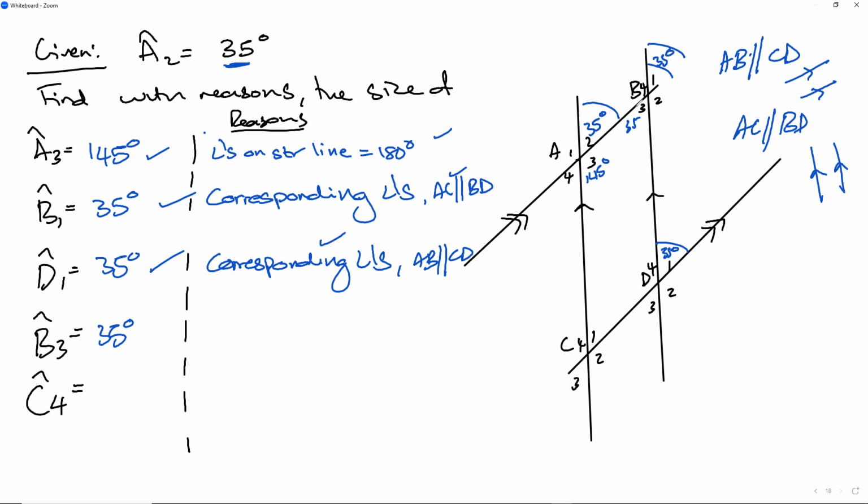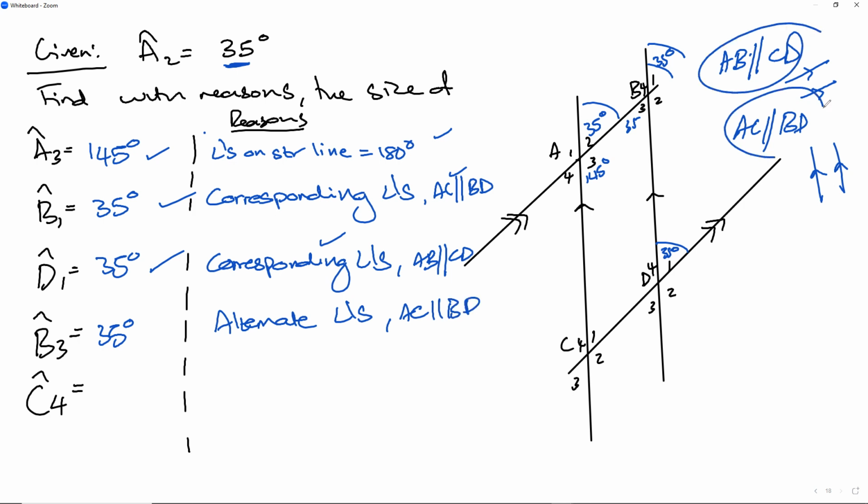The easiest one is vertically opposite, but we haven't used alternate, so I have to say alternate angles. And we can write the parallel lines, AC parallel to BD. And there's only two options. So remember, alternate, corresponding, and co-interior, we use that.